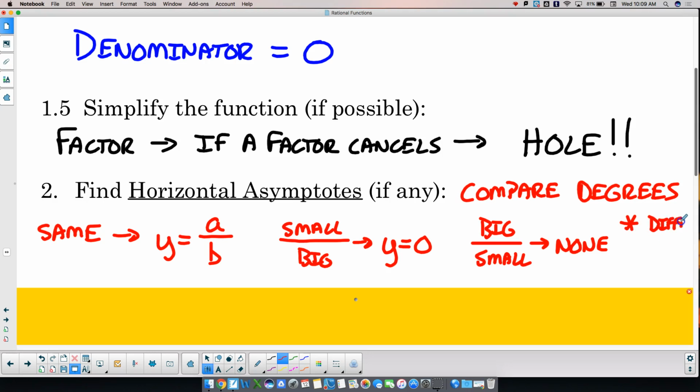If the top is bigger by 1, there's a slant asymptote. Can I have a slant asymptote and a horizontal asymptote at the same time? No, can't do it. Doesn't fit the criteria. Okay? All right? Step number 3 then.